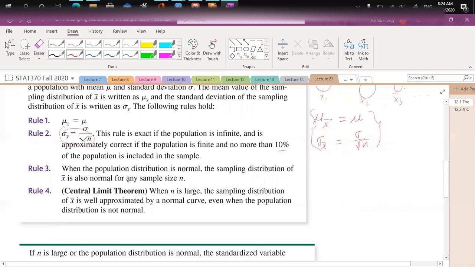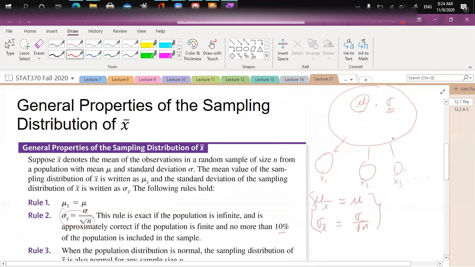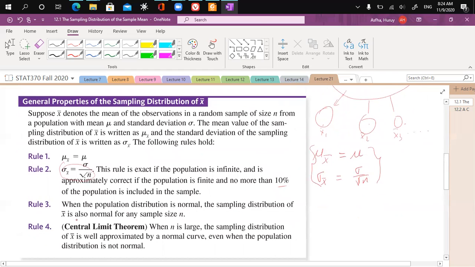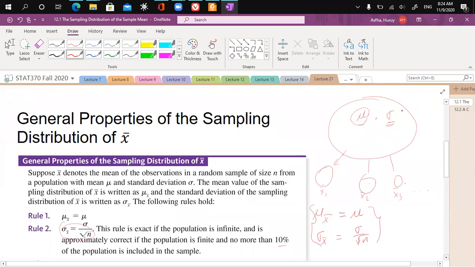And when the population distribution is normal, suppose the population data is distributed normally, then the sampling distribution of X bar is also normal for any sample size n. Now, if we assume the data is normally distributed, then these X bars, if you put them, for example, into a histogram, will be normal as well.